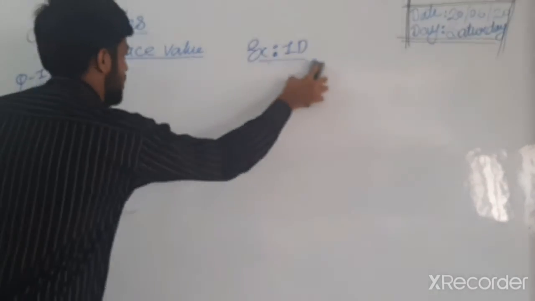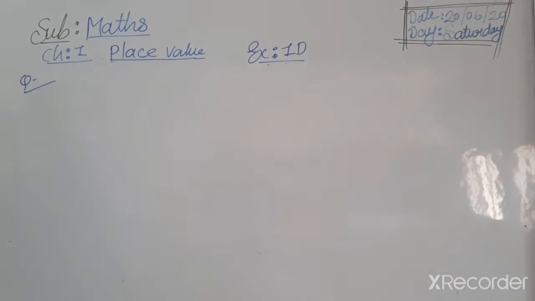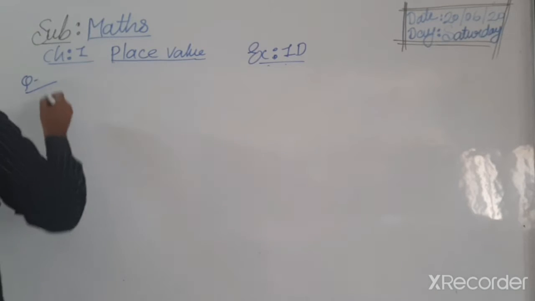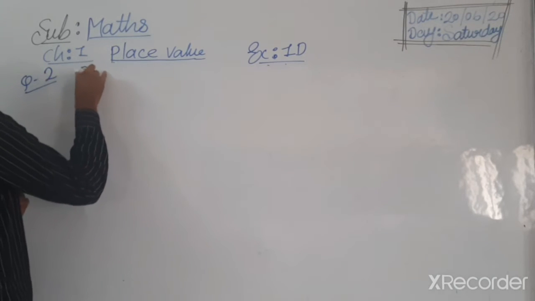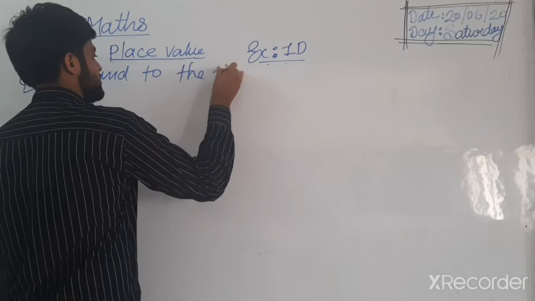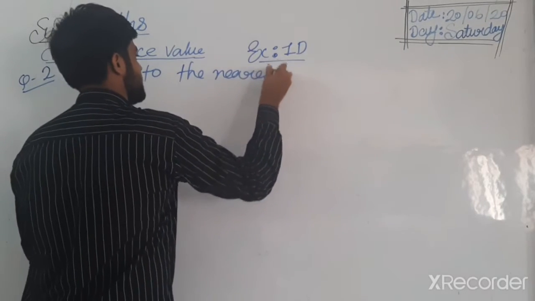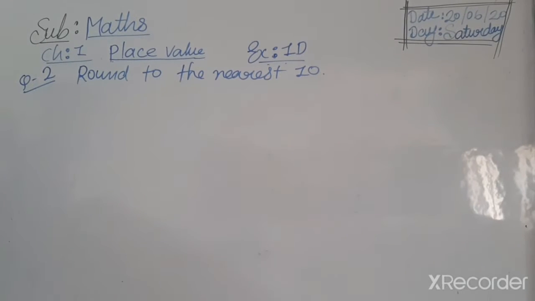Here are the exercise number 2 instructions: round to the nearest tens. We round to the nearest digit of tens. So now question number 1 is 55.